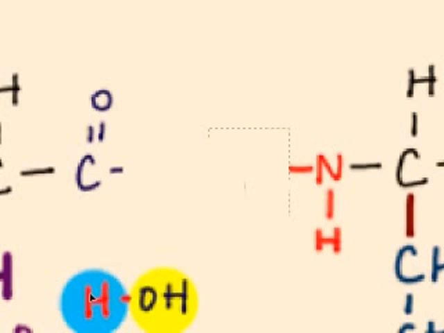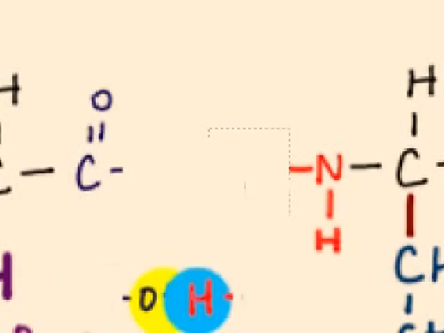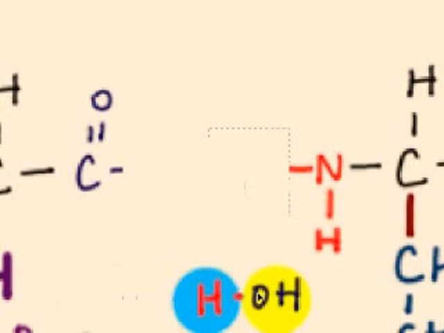And these two will end up making water, HOH. So that should be easy to see. But now a new bond is going to form between this C of the former carboxylic acid group and the N of the former amino group.